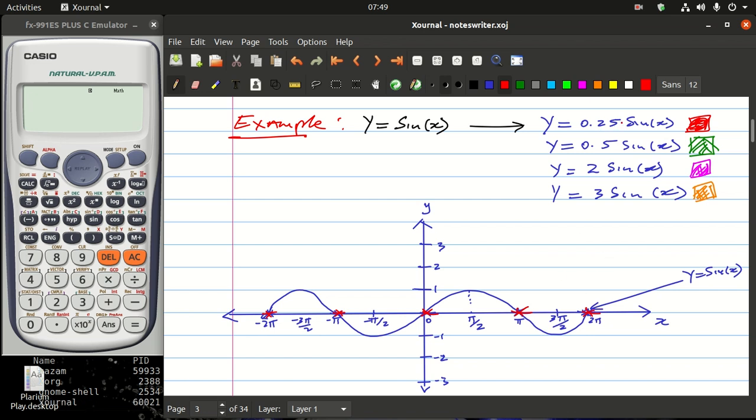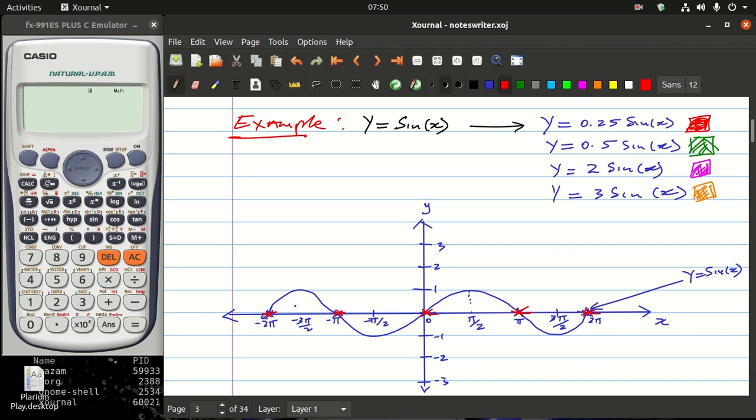And then when you look at this number here, it's going to tell you from this one. If you look at 0.25, it's a quarter of that, which means that I want to make sure that this function is shrunk by 4. In other words, I want to shrink this by 4 because this is a quarter.